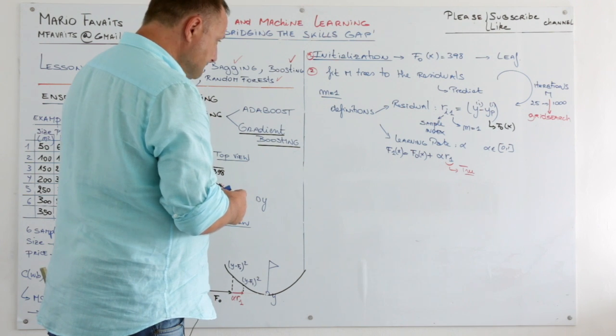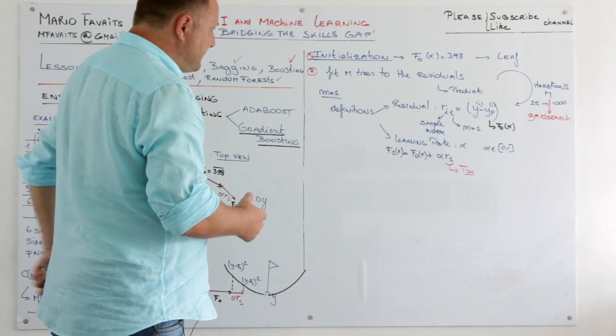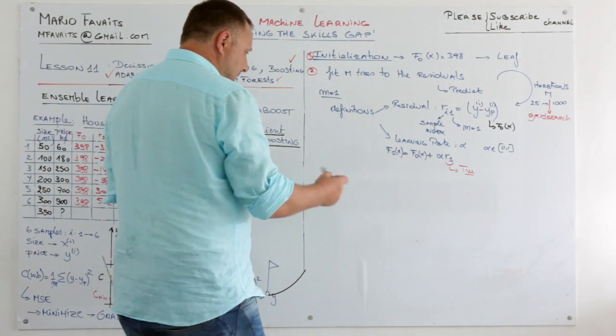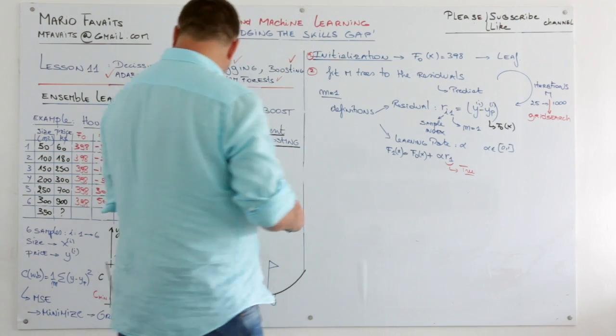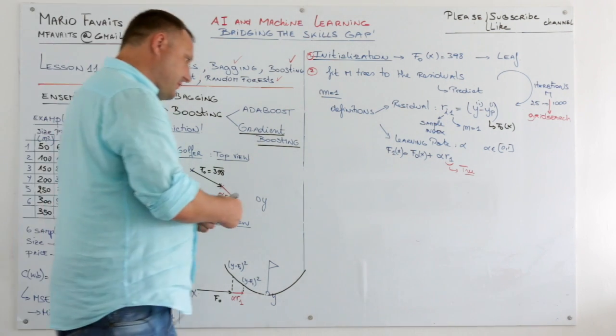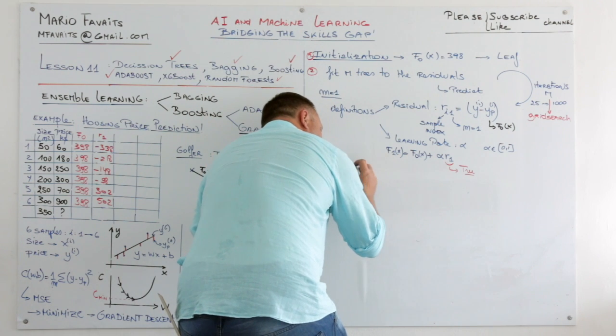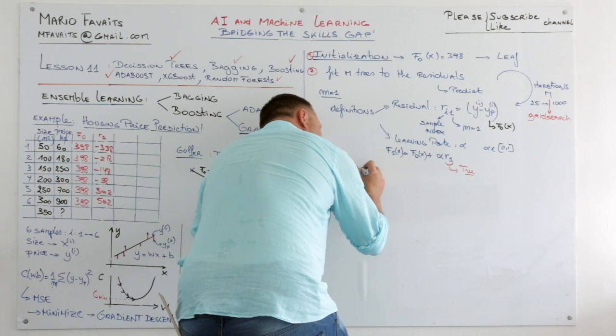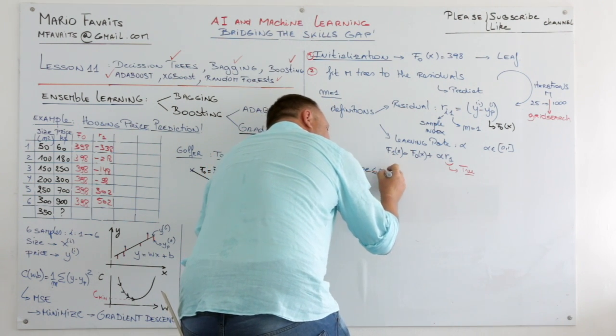Okay, so what we're going to do now is make our first tree, and I suggest that we split here. Here you have everything minus, here you have everything plus. So our first tree will be that the size is equal or less than 200.